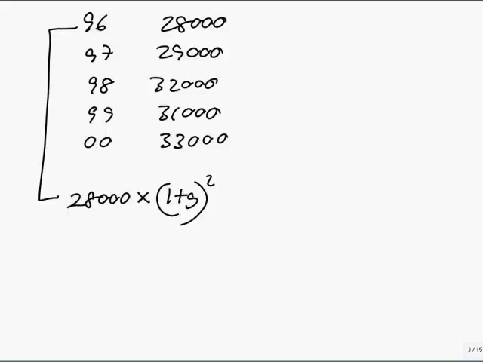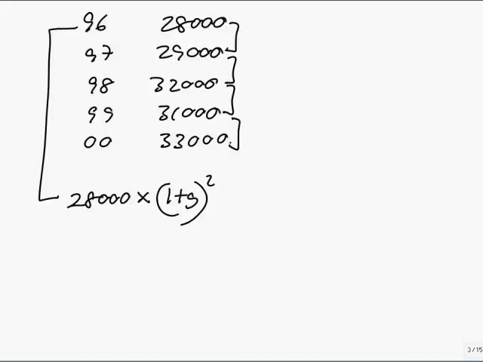Well, on our dividends there, how many years of growth are there overall? Over the whole period, how many years of growth are there? Be careful. Although I've given you 5 dividends, it's grown 1 year, 2 year, 3 year, 4 year.